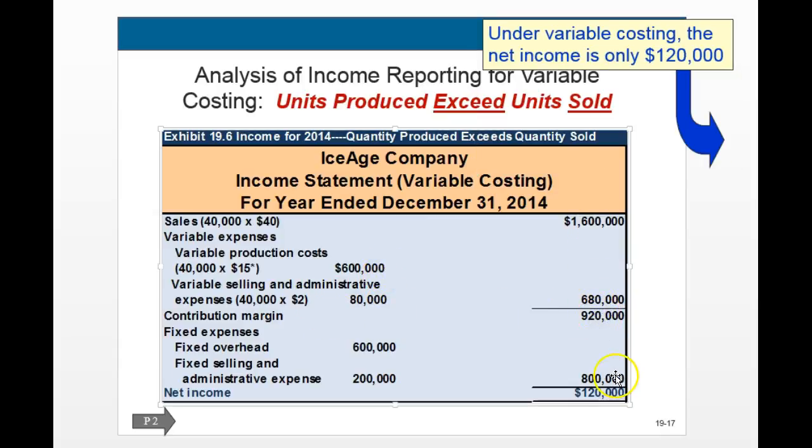So now I've got a contribution margin of $920,000. Now, instead of having that $600,000 up here, fixed overhead, we've brought it down here, and we're going to take it right off the bottom line. There's our $600,000 in fixed, and here's our $200,000 in administrative expenses. So now I have a net income of $120,000.